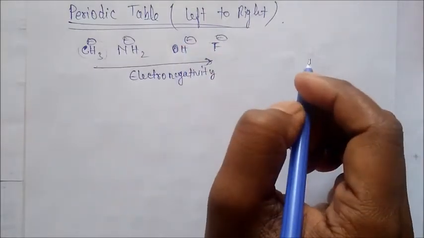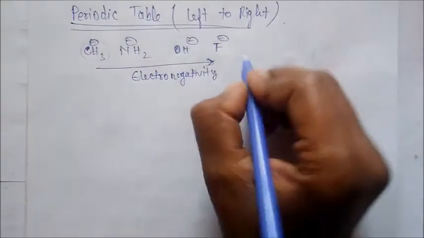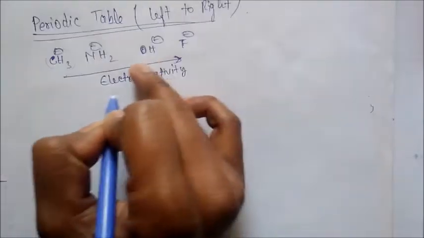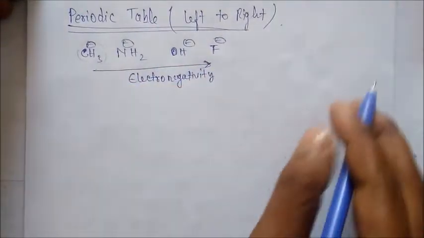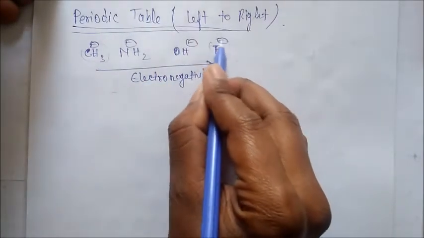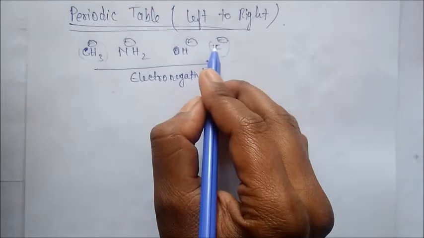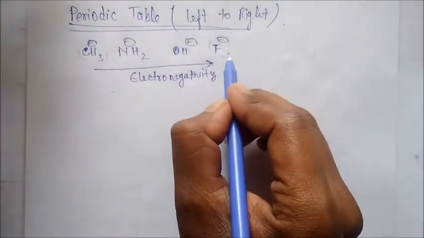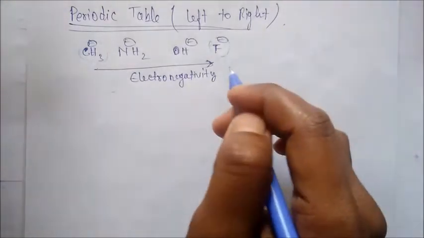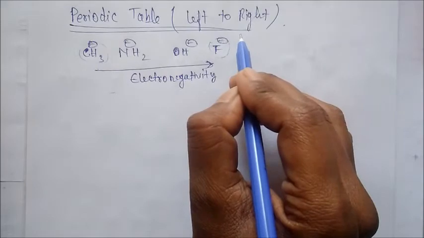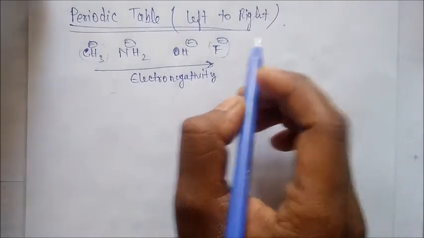So as the electronegativity increases, we have to decide the basicity on this electronegativity. So we can say that it has higher electronegativity, so it has lesser tendency of donating the electron, because it has higher tendency of attracting the electron, so it would have a lower tendency to donate its electron to others.